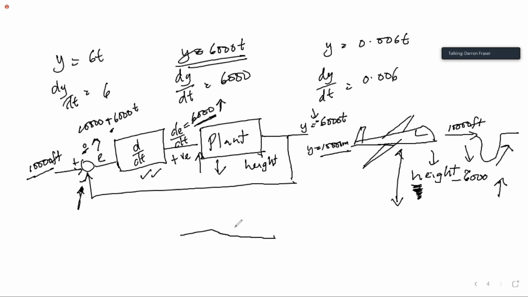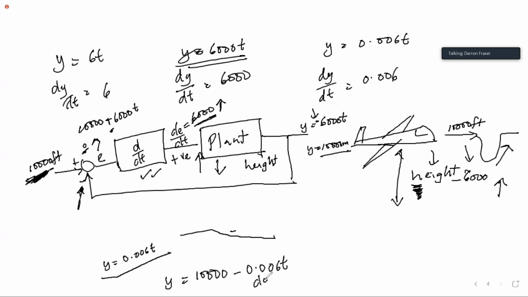So let us say that now the drop is negative. Sorry. Let me use a counter example. It's a nice little gentle rise. So it's 0.006t. So that's what my rise would be equal to. Well, all right. My output would be y equal 10,000, the 10,000 that I want, minus the 0.006t.